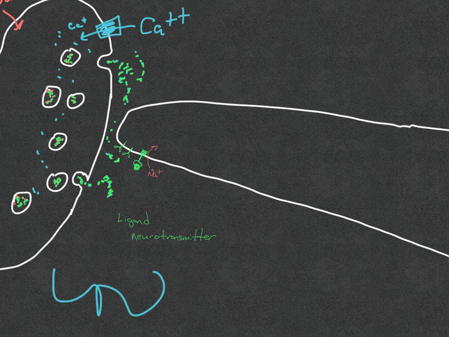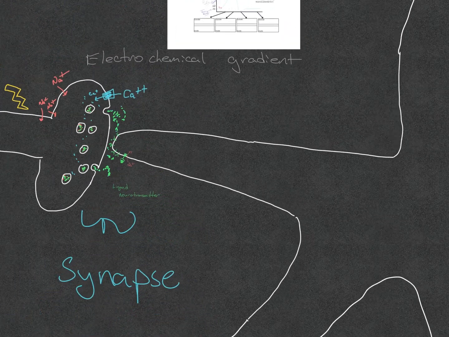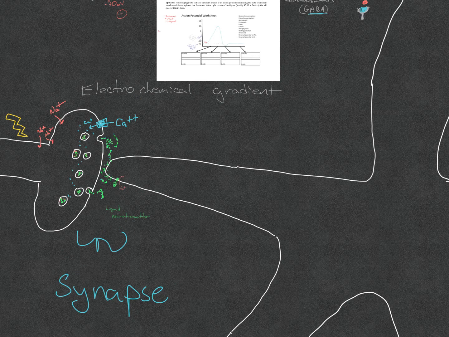The more neurotransmitters released, and the longer they're in the synapse, the more these channels open, the more sodium comes in, the more the membrane depolarizes. If it depolarizes enough, then you get the voltage-gated channels to open, which we'll talk about in just a minute.